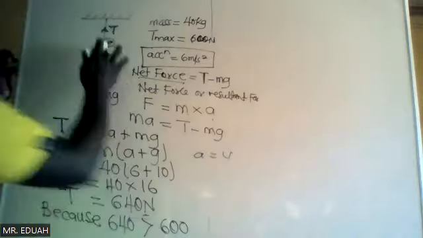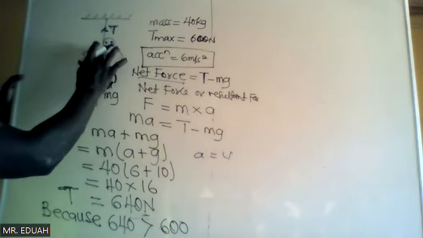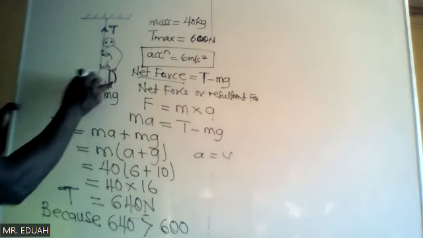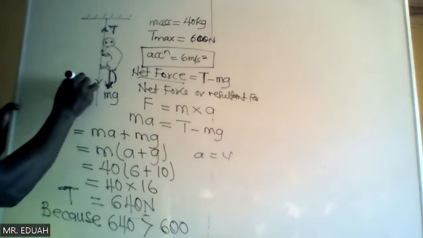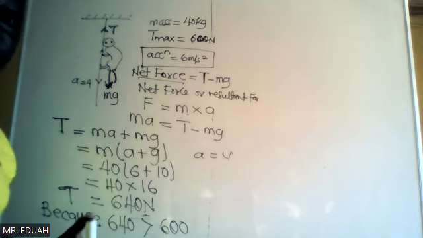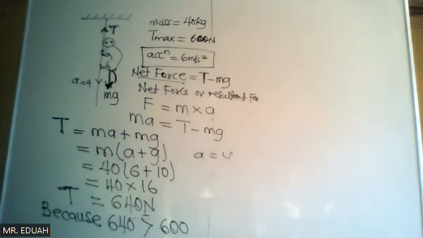This time, the monkey is climbing down with an acceleration of 4 meters per second squared. So what will be the net force? Every acceleration must be caused by a net force.